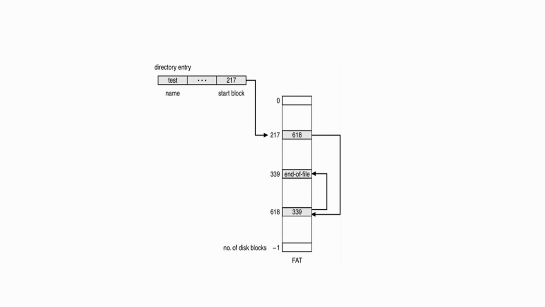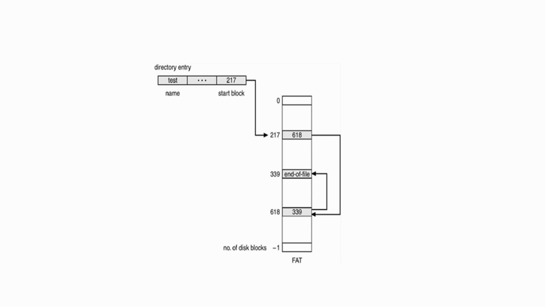This figure shows how to locate the corresponding blocks for a file. For example, here we have a file named test, and the start block is 217. Then we want to check whether this is the last block or there is a next block.